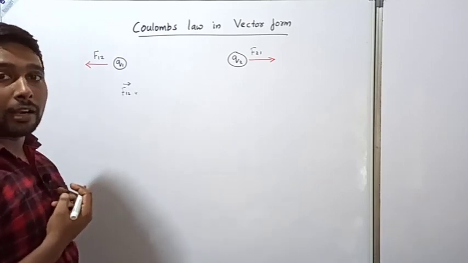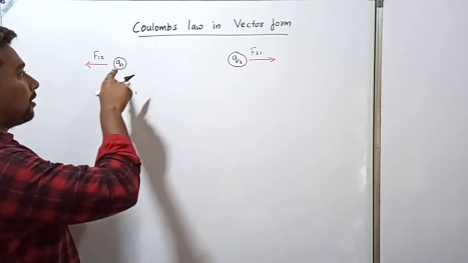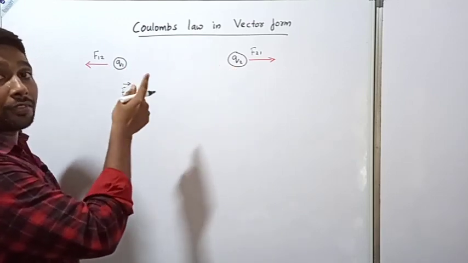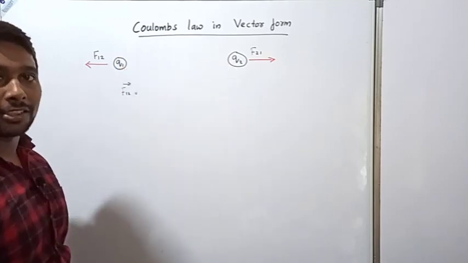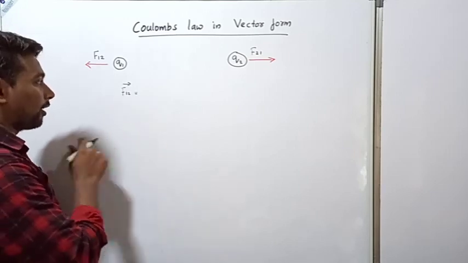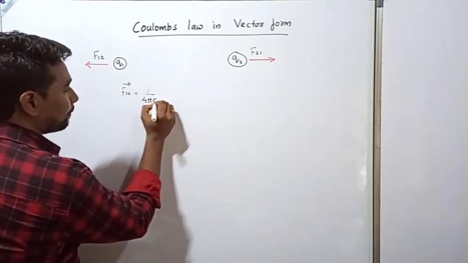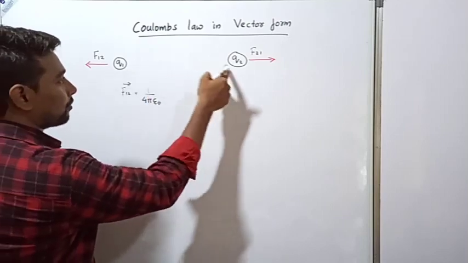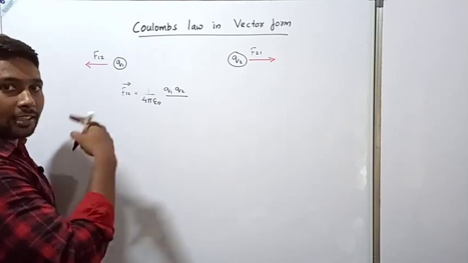What was our equation? 1 by 4 pi epsilon 0, the product of charges, Q1 Q2, divided by the square of the distance.